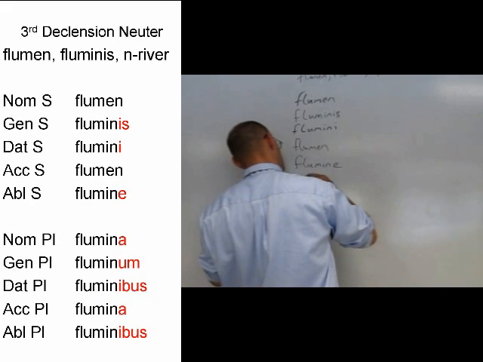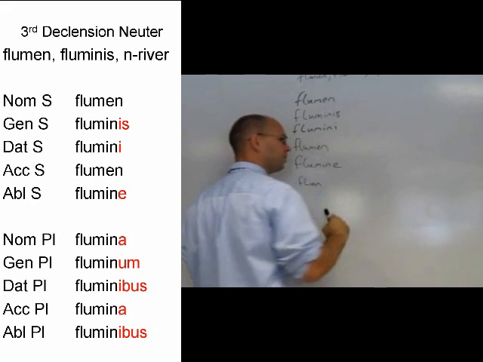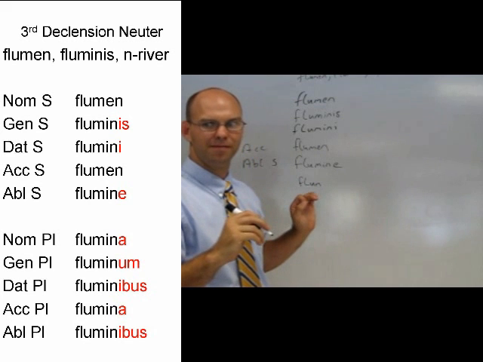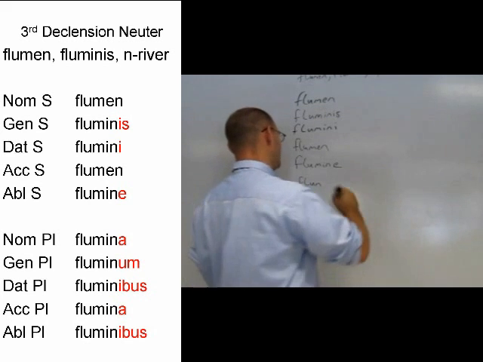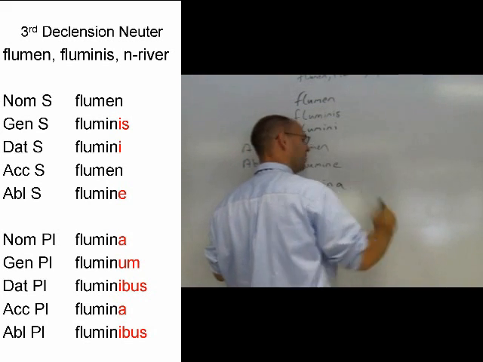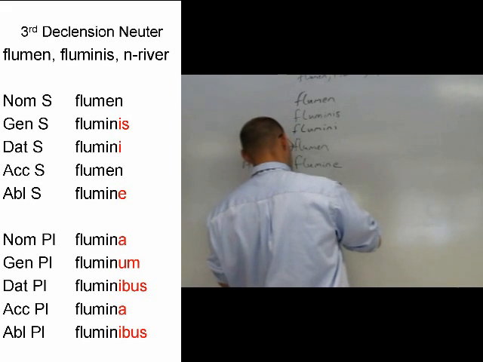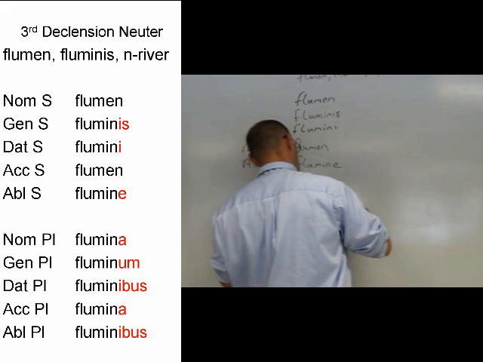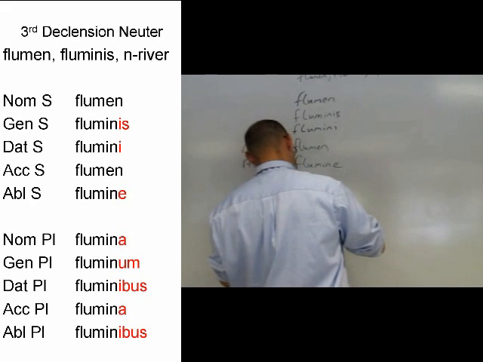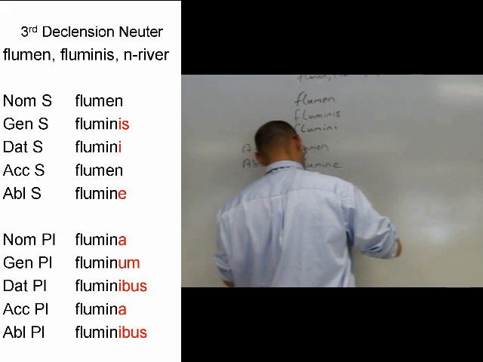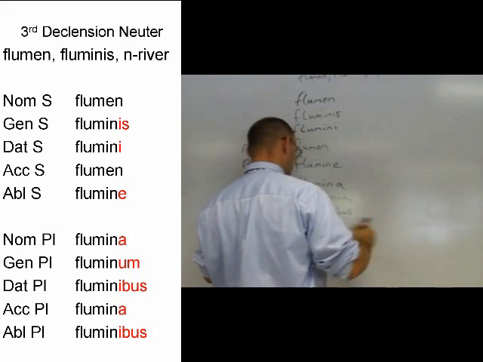Now, I go to my neuter plural. What was the ending for the neuter plural in the second declension? A. And it's going to be A here as well. And then it's going to be genitive plural, fluminum. Dative and ablative, fluminibus.